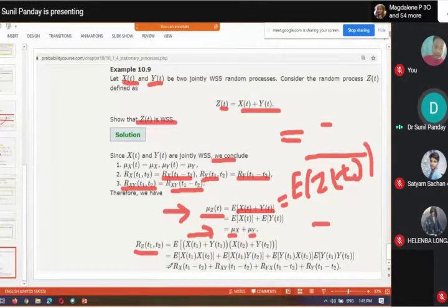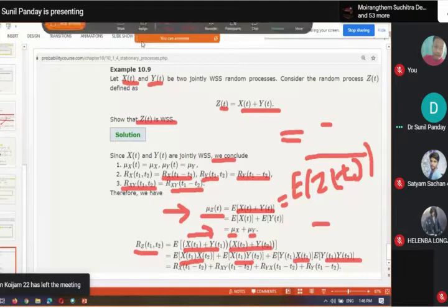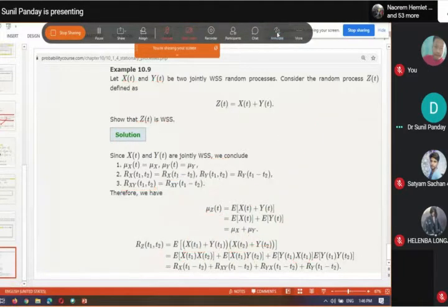Now let us calculate the autocorrelation function of z. The definition is the expectation of zt1 times zt2. So zt1 means you replace t by t1: xt1 plus yt1, and xt2 plus yt2, and then you multiply them. After multiplication, you get this.